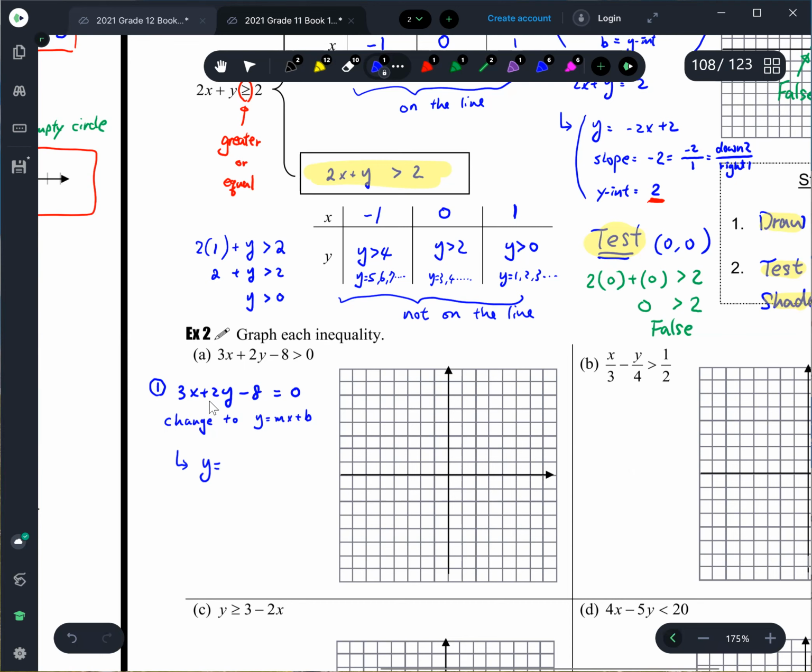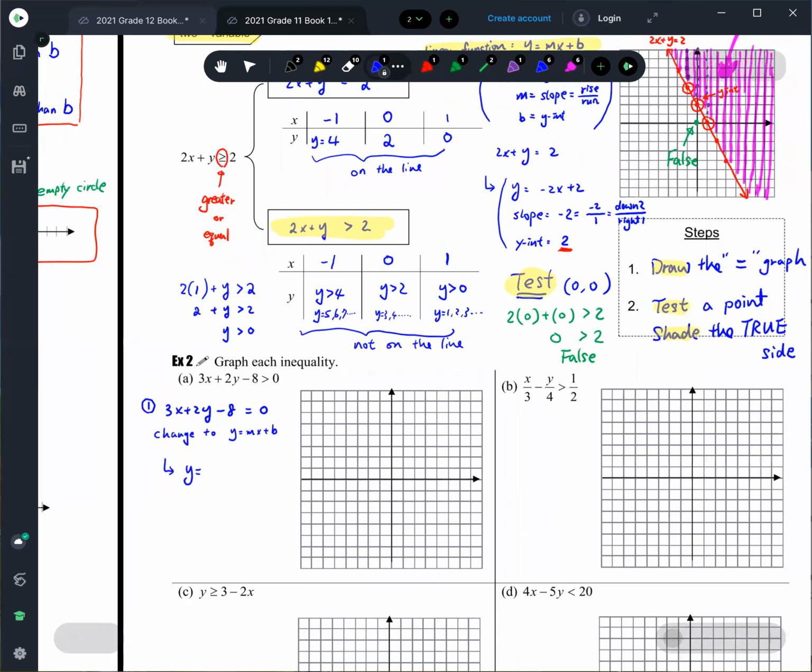Isolate the y. Move the 3x, move the minus 8, and then get rid of the 2. Isolate y. Please raise your hand if you have the slope-intercept form. If you already have the form and you are sure it's correct, you can start to graph.